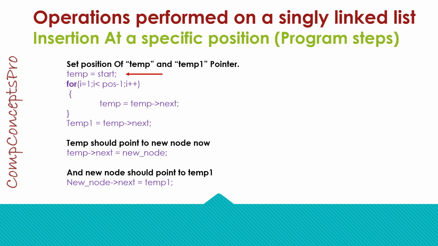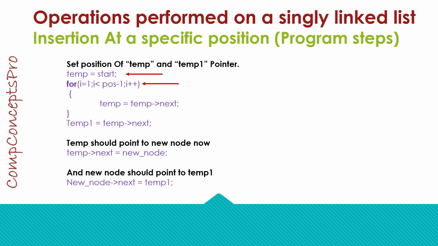I have used a for loop here instead of while loop, just to show you another way of traversing the linked list. So this loop will stop at the point where we have to insert the new node, because we have given the condition for i as i is less than position minus 1. So temp will be fixed to the node which is 1 position previous to where we have to insert the new node.